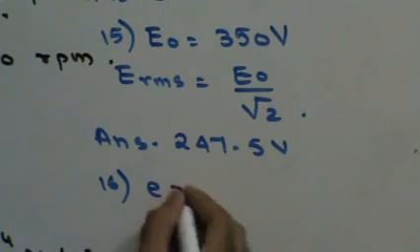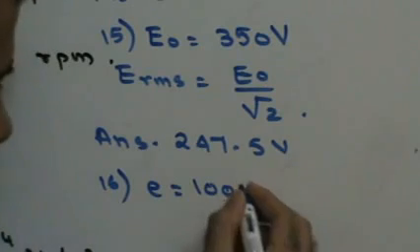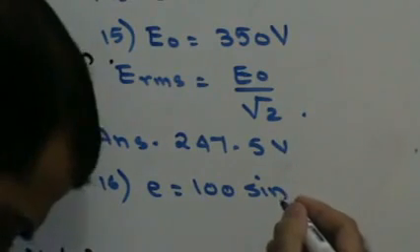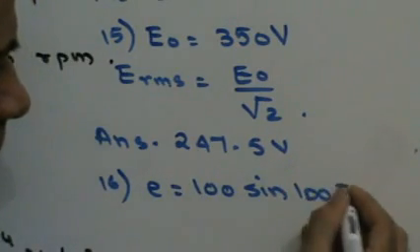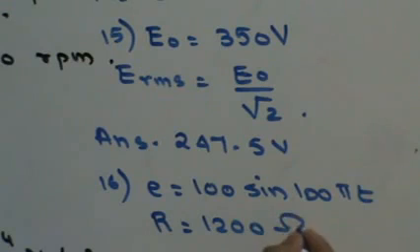An alternating EMF E equal to 100 sine 100 pi t is applied to a bulb of resistance 1200 ohms.